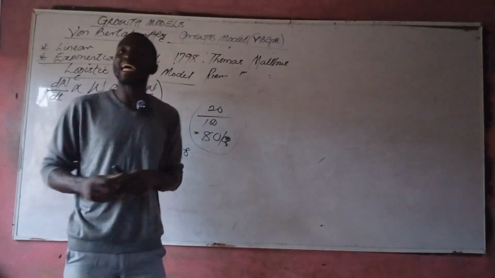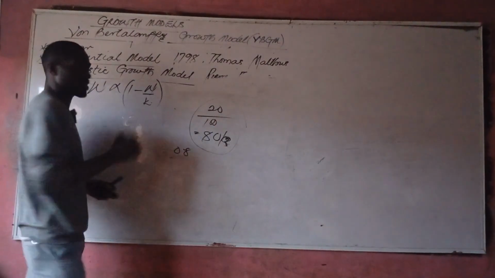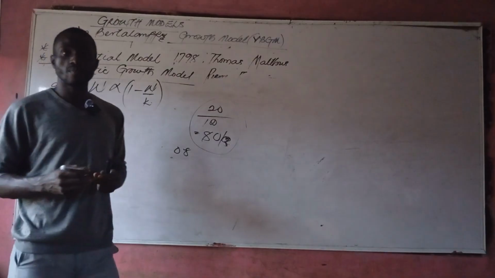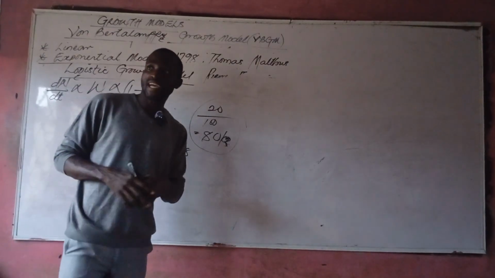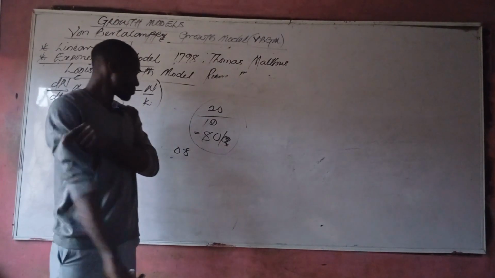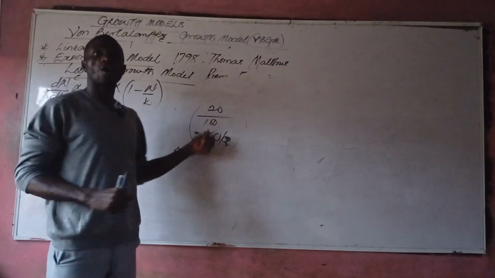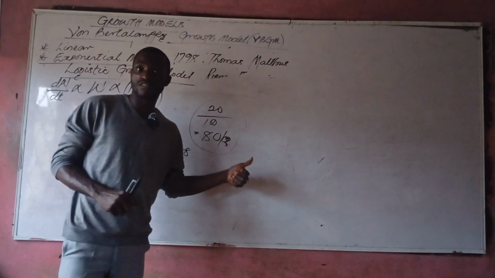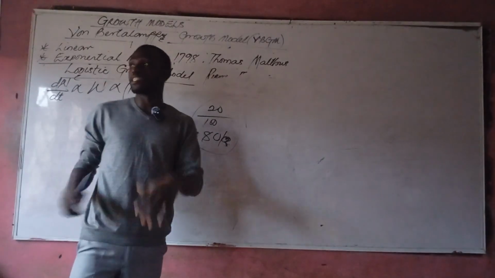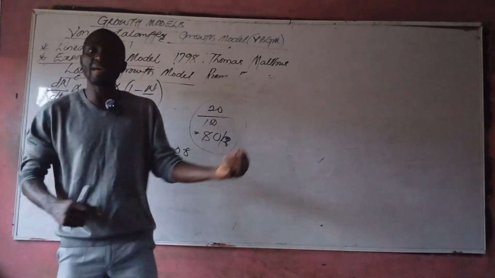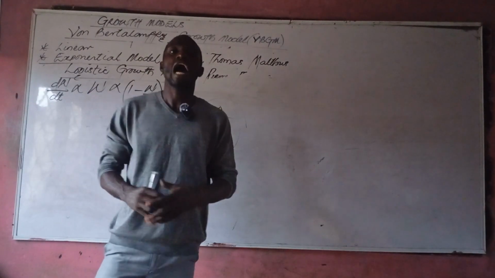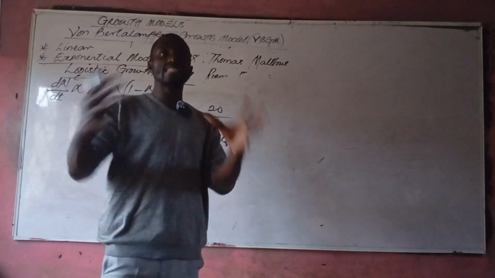That is, if the carrying capacity, okay, K is carrying capacity, I'm going to define my parameters. If the carrying capacity is 100 kg of fish, and only 20 kg is all we have in that particular time, it means that the space available for growth is still a further 80 kg.